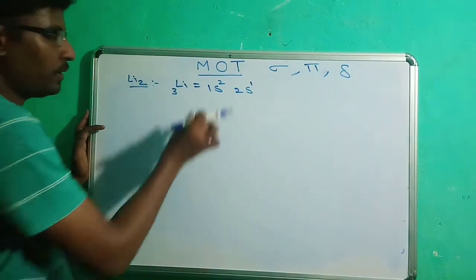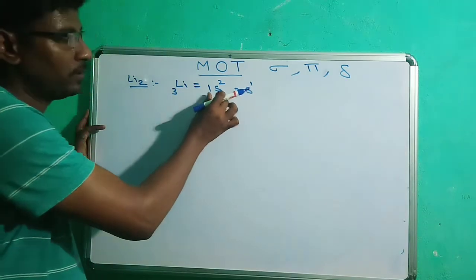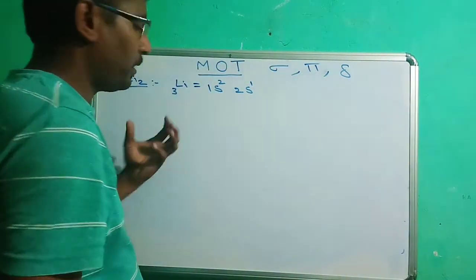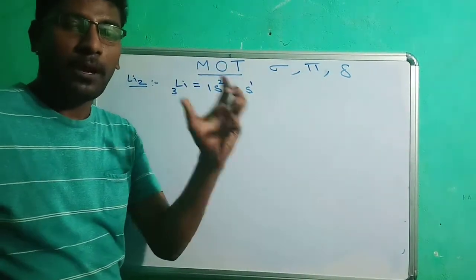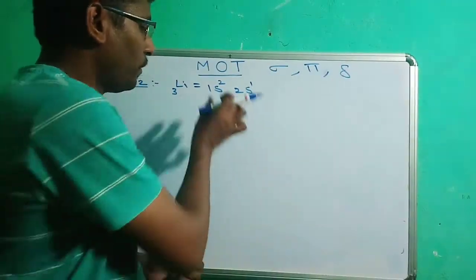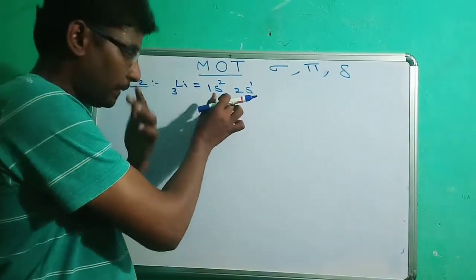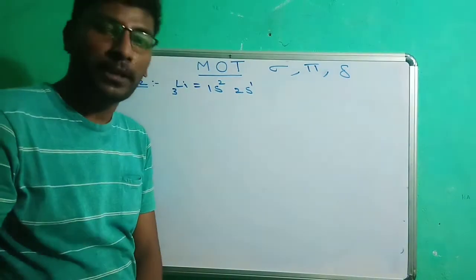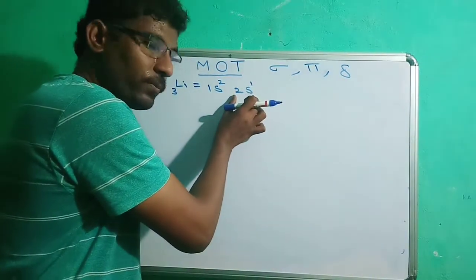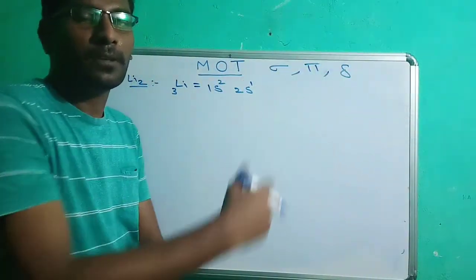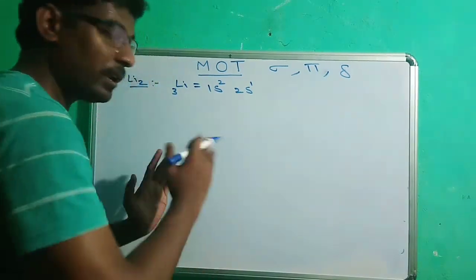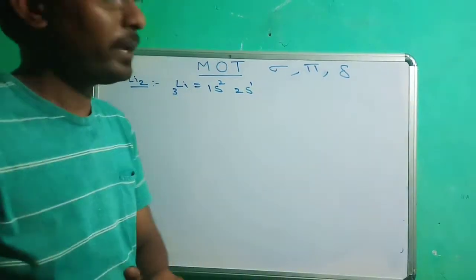Each atomic orbital will combine with the atomic orbital of another atom having similar energy, which means the 1s orbital of the first lithium will combine with the 1s orbital of the second lithium, and the 2s orbital of the first lithium will combine with the 2s orbital of the second lithium. Similar energy atomic orbitals combine easily.